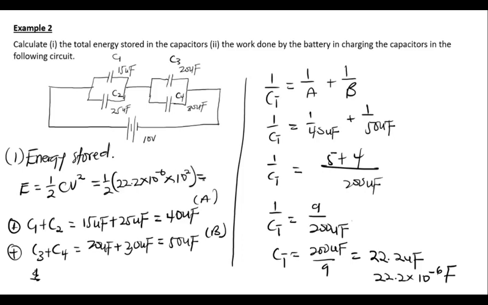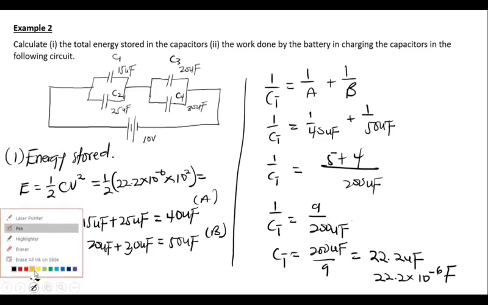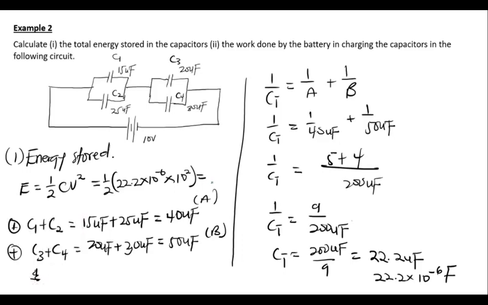And this is equal to 1.11 times 10 raised to the power minus 3 joules. So the energy stored in all these capacitors together, or in this network, is 1.11 times 10 raised to the power minus 3 joules.